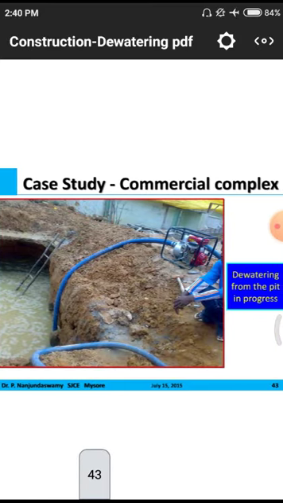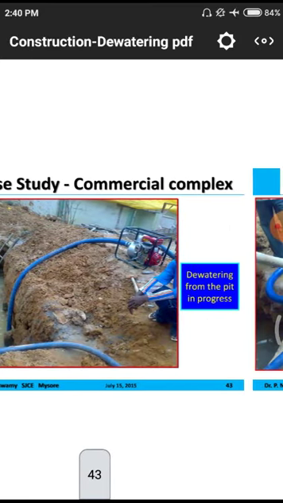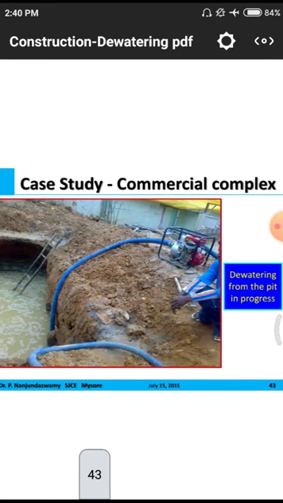This is another diagram, dewatering from the pit in process. They are arranging pipes and calculating the depth of the water in a particular pit with the help of this ladder. And they have one pipe.